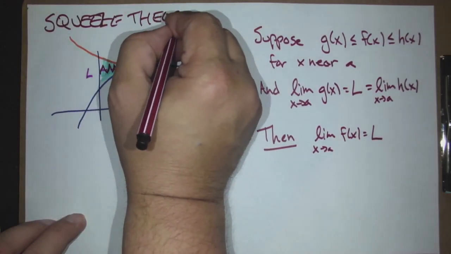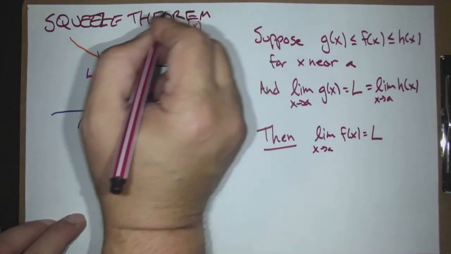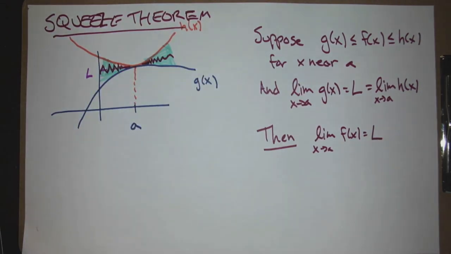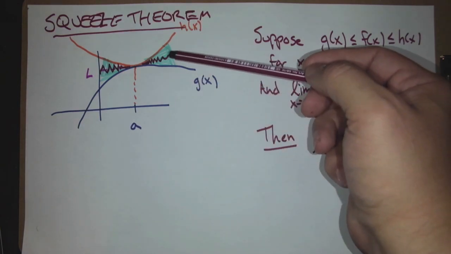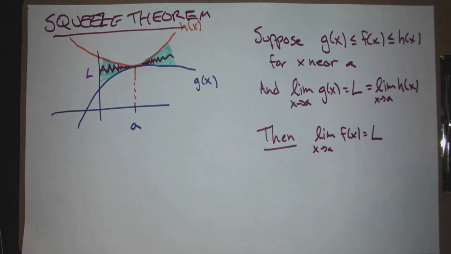Or if you like, the squish. Actually, nobody calls it the squish theorem. But some people do call it the sandwich theorem. So we are squeezing f in between two other functions which have a nice property that they're coming together. And the intuition is what you think. f has nowhere to go.